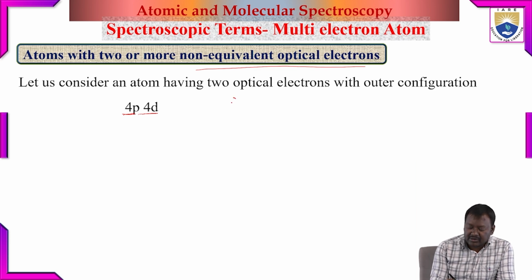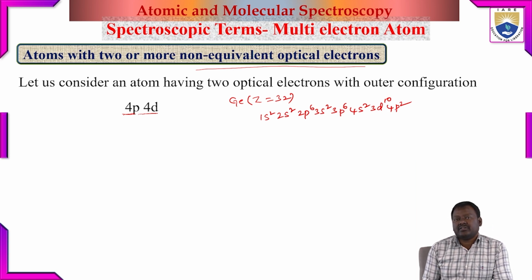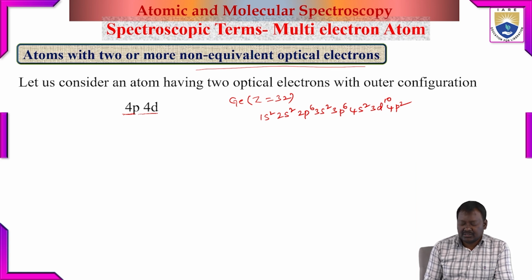In general, for germanium, atomic number Z equal to 32, the electronic configuration is 1s2, 2s2, 2p6, 3s2, 3p6, 4s2, 3d10, 4p2. So there are 32 electrons in different orbitals.